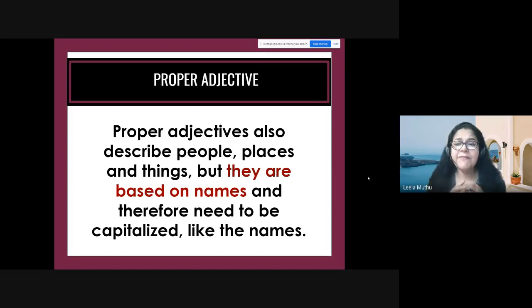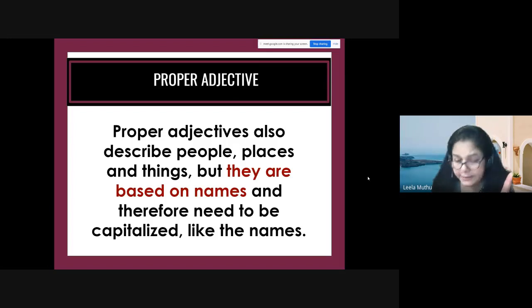In this case, every single country or sea, ocean, etc., has a special name. And when we make adjectives out of these proper names, like names of countries, names of brands, etc., we create a proper adjective.